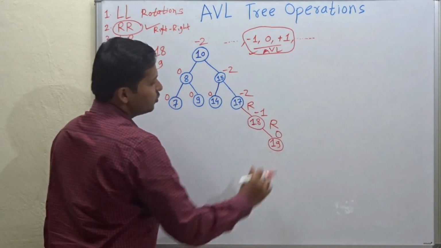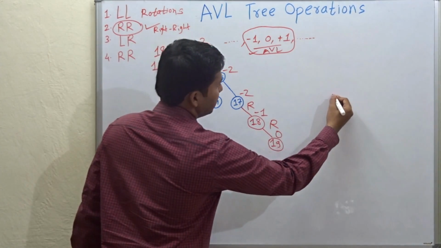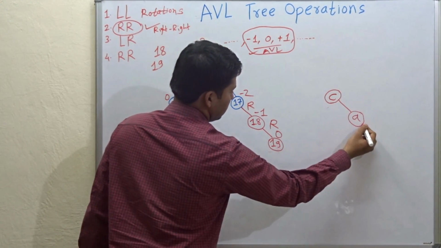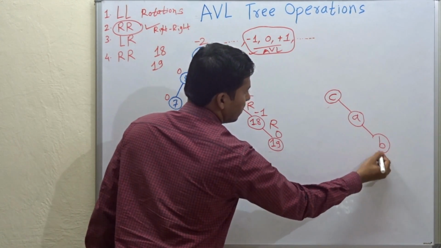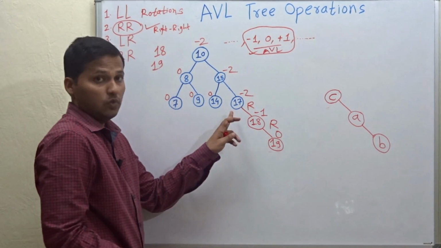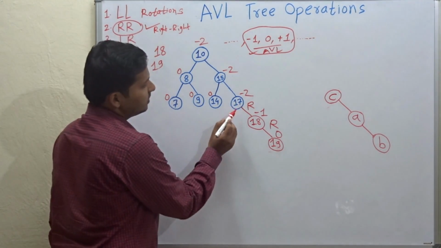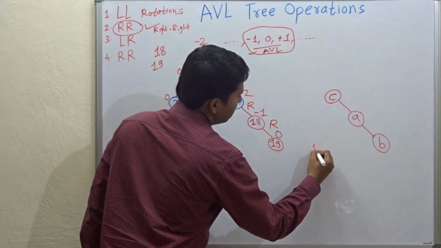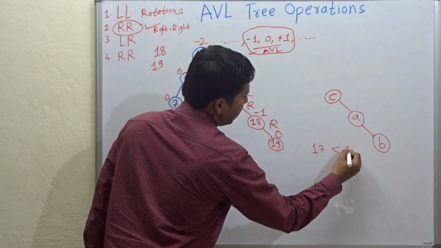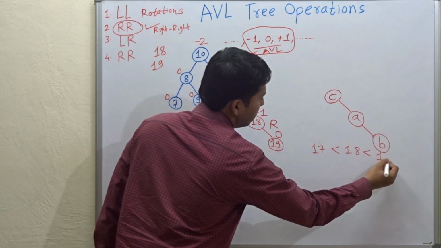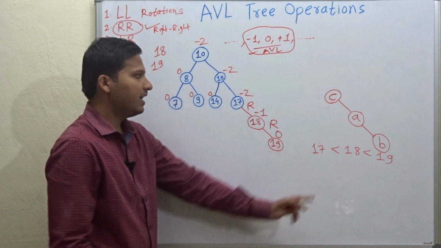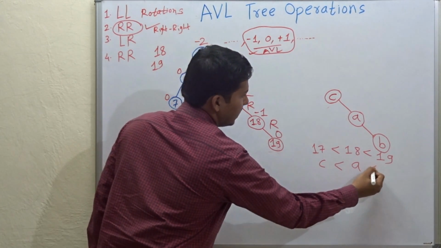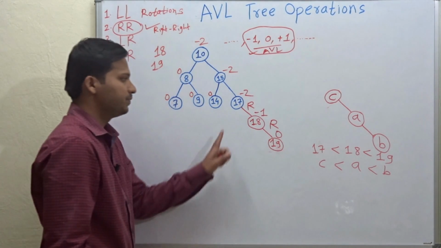So for this skewed branch I will write it like C, then A and B. Okay. Now in this you know that 17 is less than 18 less than 19. That means C is less than A less than B.